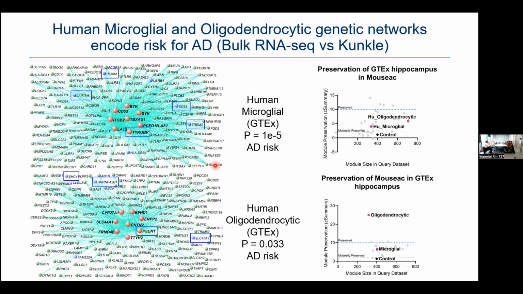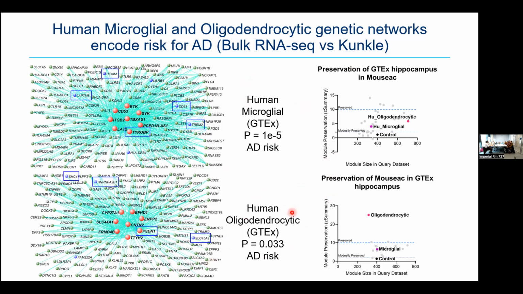The thing in the tail here is that these individuals don't have obvious cognitive problems. They may have early stages of amyloid deposition, but this network is driven mainly by age and maybe early Alzheimer's. But these people don't have overt cognitive problems. So maybe that's not a surprise there.